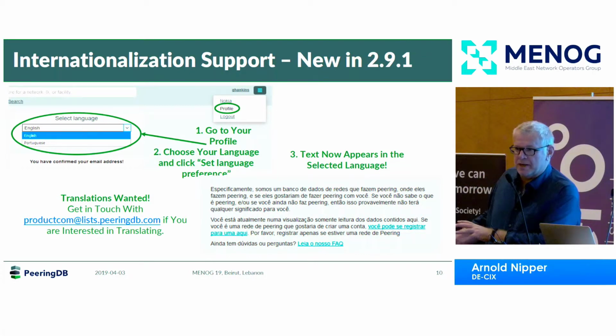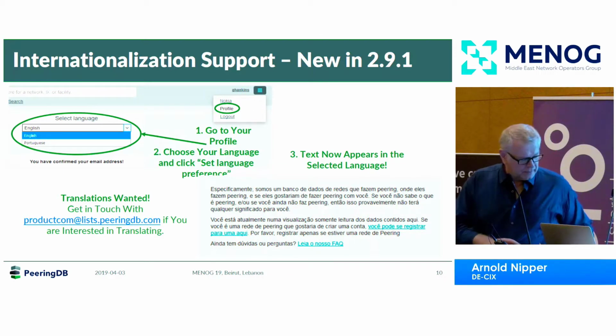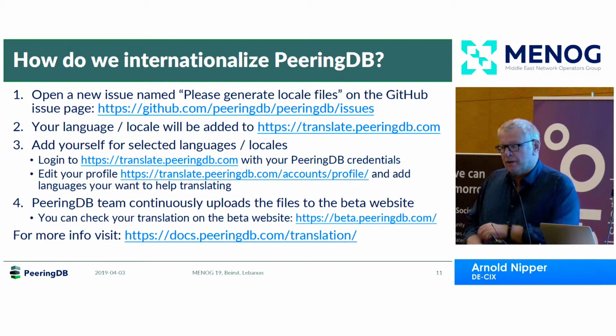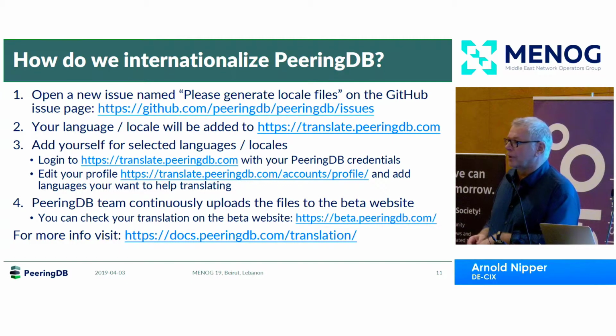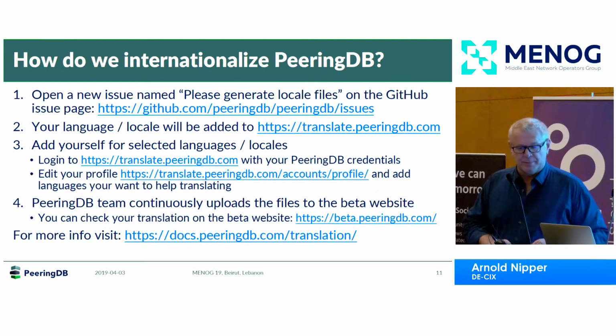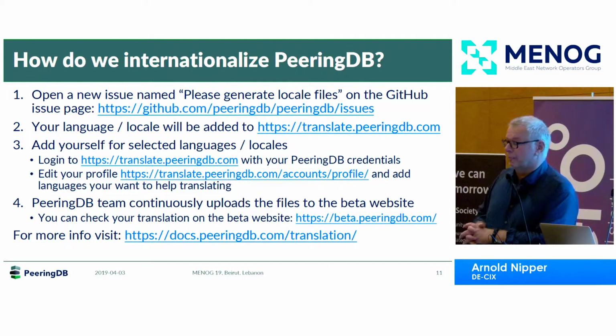So we have a translate server where we put in the strings to be translated, and we also have a mechanism to get these strings back and forth. And I guess this is especially useful also for this region because, as far as I know, or we will see it on the next slide, there is currently no one working on translating PeeringDB into Arabic.